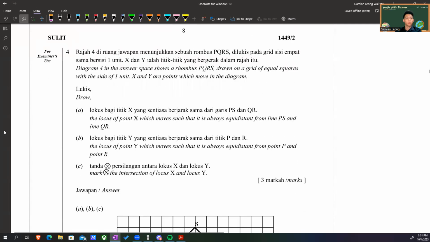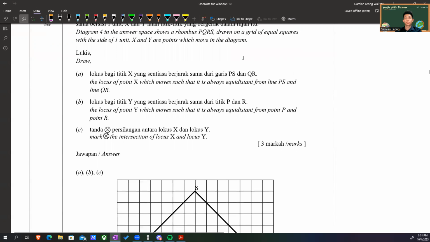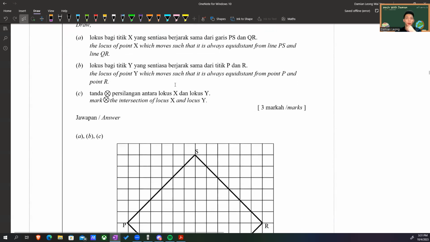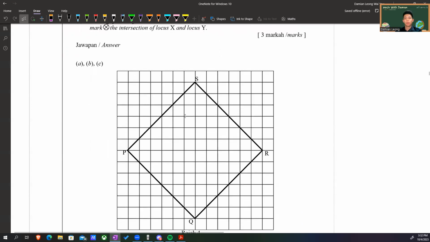Question 4. Diagram 4, in the answer space, shows rhombus PQRS drawn on a grid of equal squares with sides 1 unit. X and Y are points which move in the diagram. So I want to draw the locus. The locus of point X moves such that it is equidistant from PS and QR.